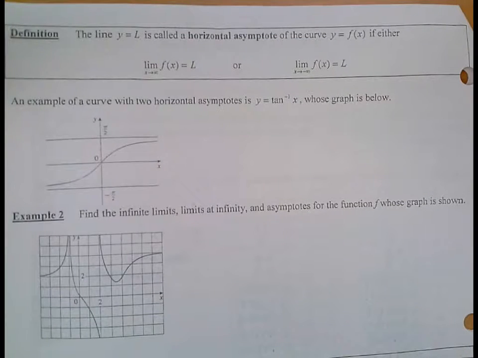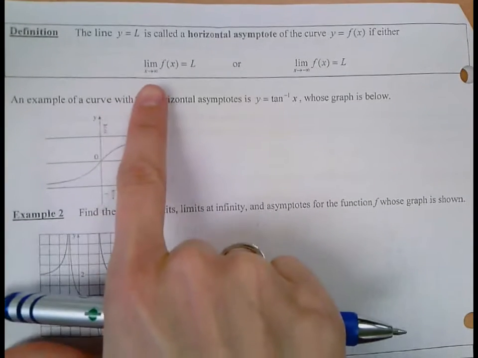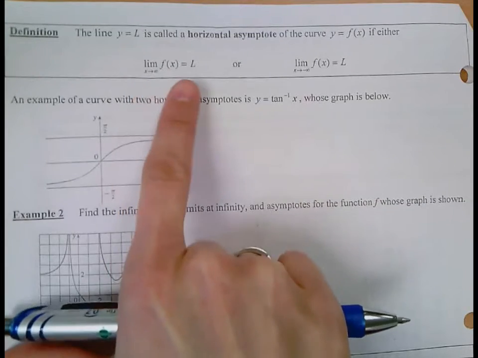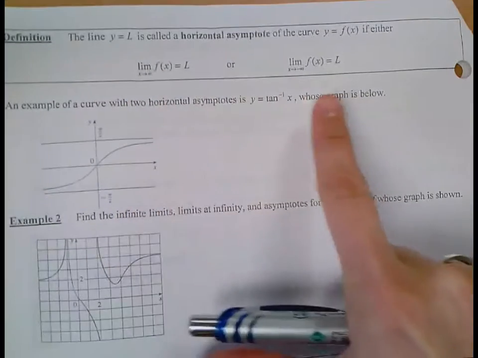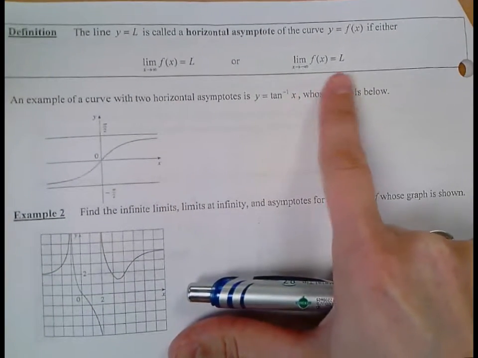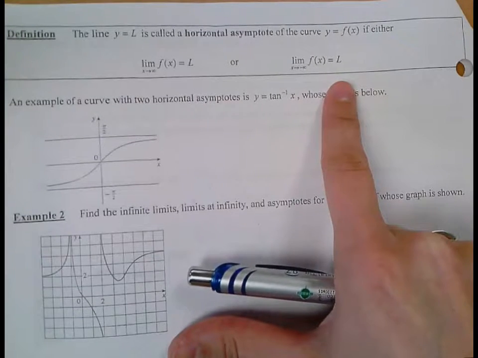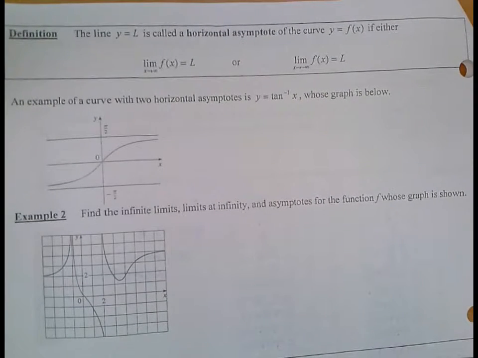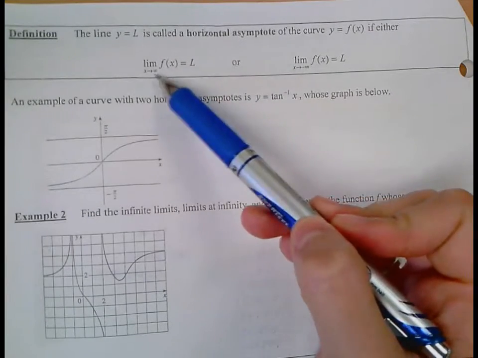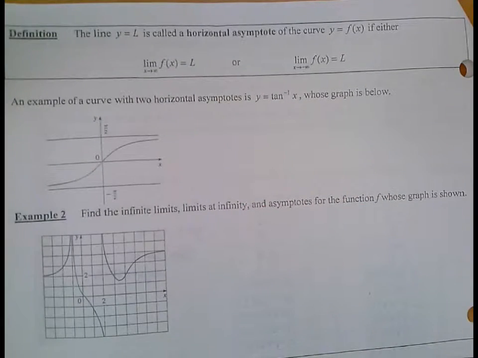So when you check for a horizontal asymptote, there's only two limits you ever have to find: the limit as x approaches positive infinity, does it actually approach a number, and the limit as x approaches negative infinity, does the function actually approach a number. It could be like that first example we looked at where there's just one horizontal asymptote and in either direction, towards positive or negative infinity, you're approaching the same y value.